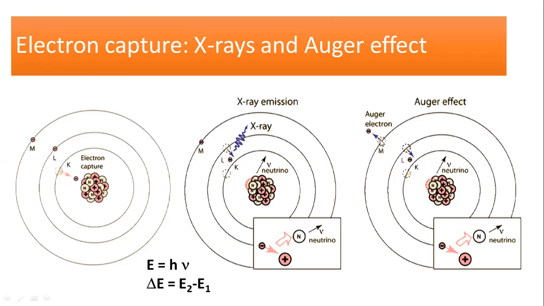This electron which moves from the M shell to fill the vacancy created in the L shell is called the Auger electron, and this effect is called the Auger effect. Again, there is a difference in energy released during the Auger effect. So these are the two processes which are associated with the electron capture.